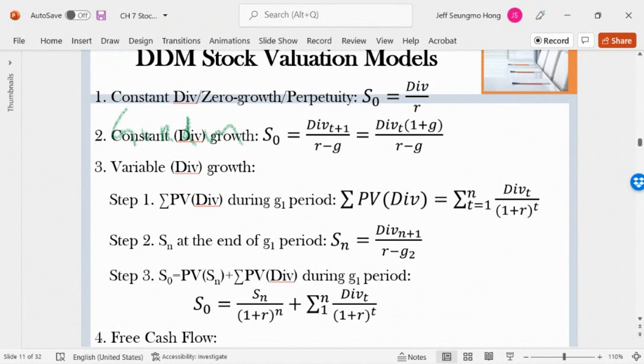The Gordon model. So why only dividend t plus 1? What happened to the dividend at t plus 2, t plus 3, t plus 4? In the original form, it must be discounted like this. But what happened to 1 plus r, and where did this G come from?